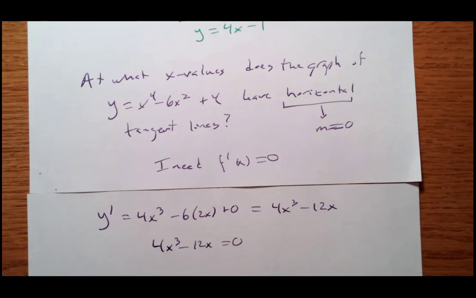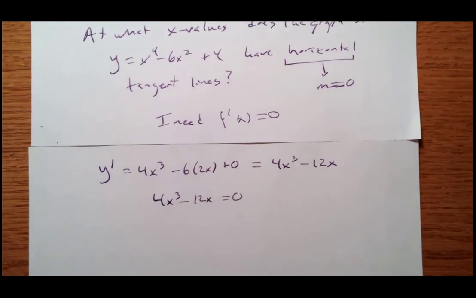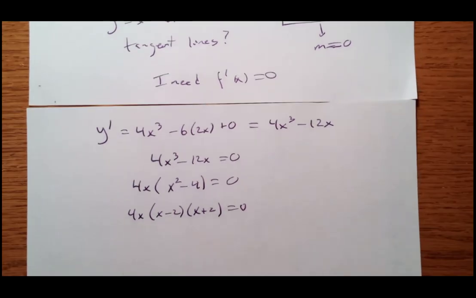And we'll solve it by factoring. Both of these things are divisible by 4 and by x. This factors. That's a difference of 2 squares. And these three things are being multiplied.